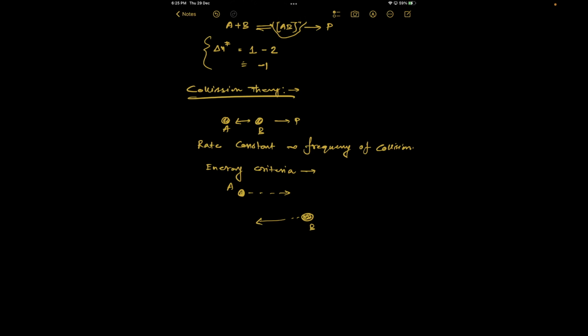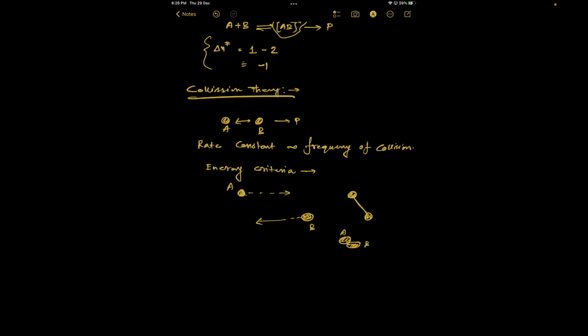Only those collisions where the energy along the line of collision counts. When these A and B molecules come close together, there will be a line of collision, like this. Along this line of collision, A and B molecules will collide.